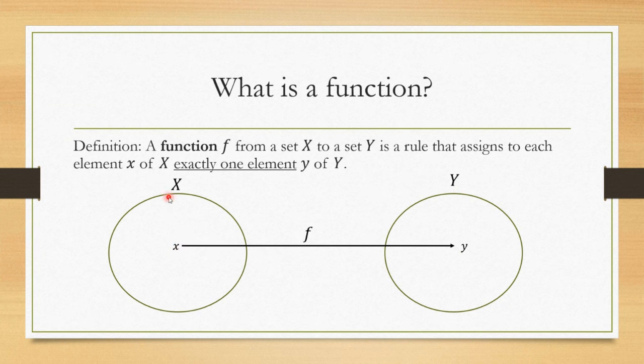And the function is taking each element from the first set and assigning it to exactly one element from the second set. And that's what a function does. You can almost think of a function as like a machine. The machine takes input, right? And a machine also gives you back output. For each input into the machine, you get only one output. That's really what a function is.